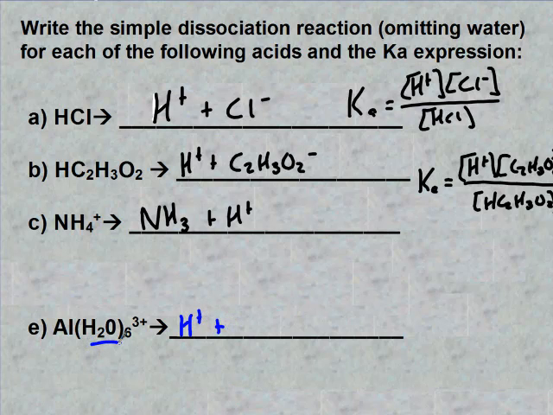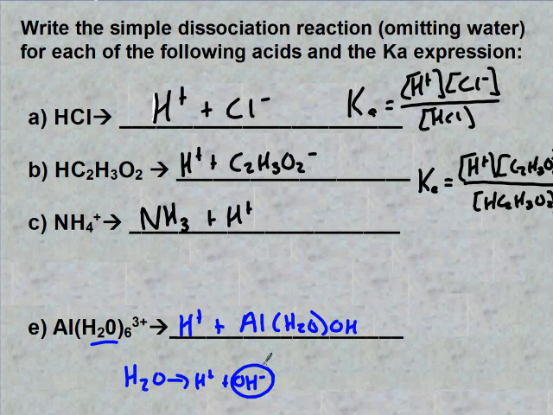and we're removing that hydrogen from water. So now we're left with 5 waters, and we removed a hydrogen, which means we still have a hydroxide. That hydroxide has a negative charge though, so it's going to bring the charge down by 1, giving us a 2+ charge.